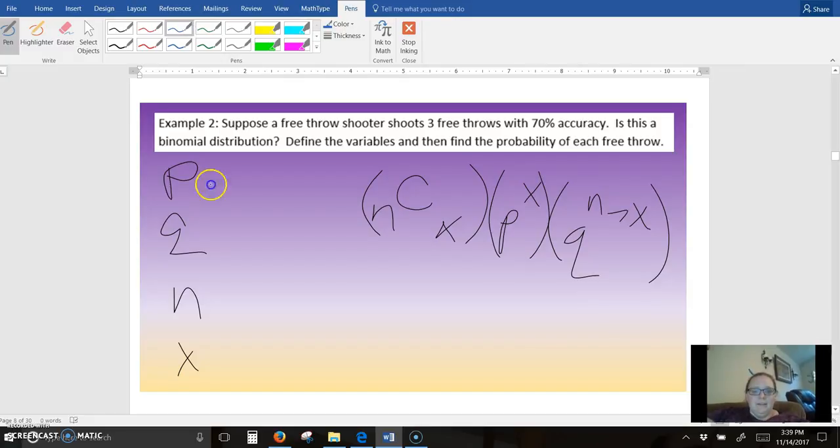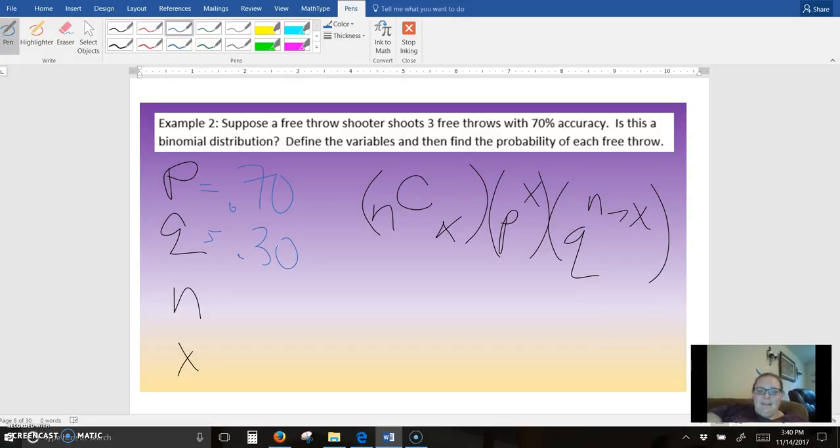P is the probability, 70% accuracy. Then Q is going to be 30% because you just subtract from 1, 1 minus 0.7.